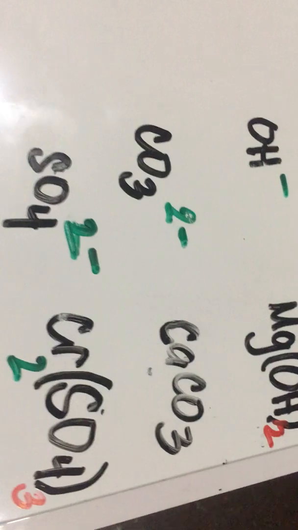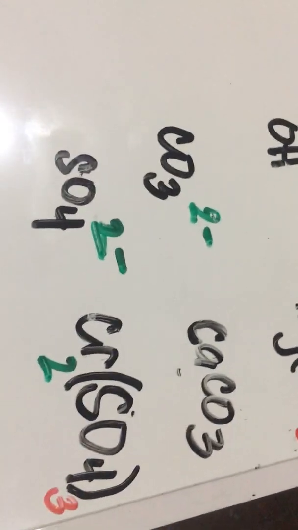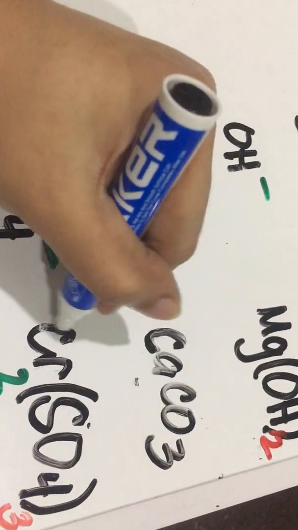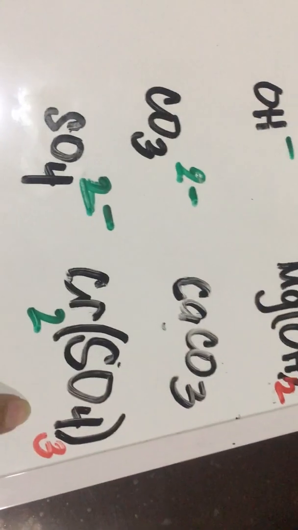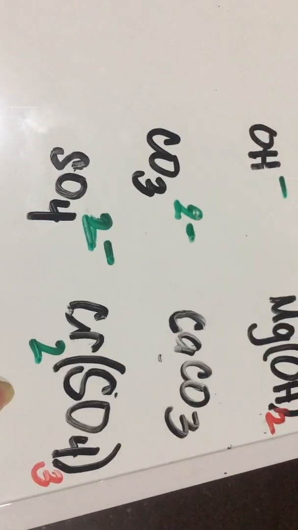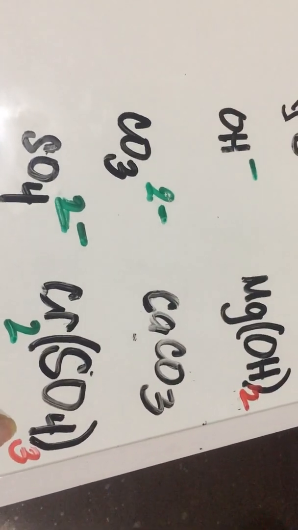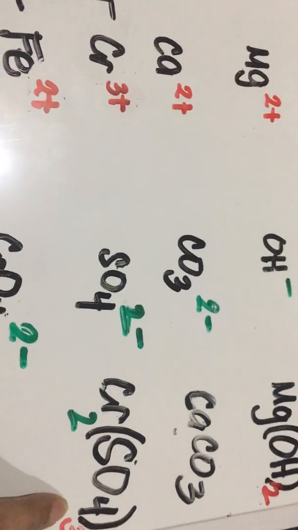Alright, so Cr2(SO4)3, and again the 3 is for the whole group. Okay, that also serves to separate the subscripts.